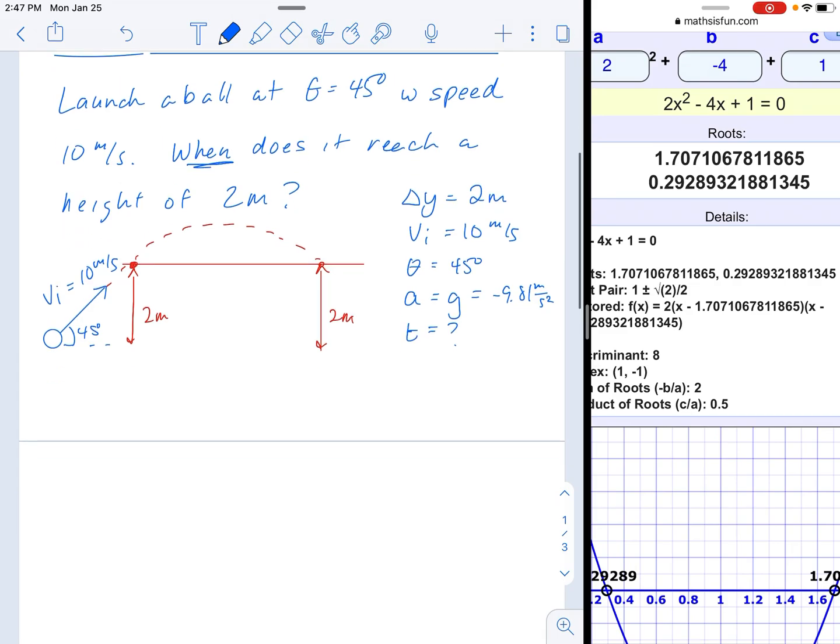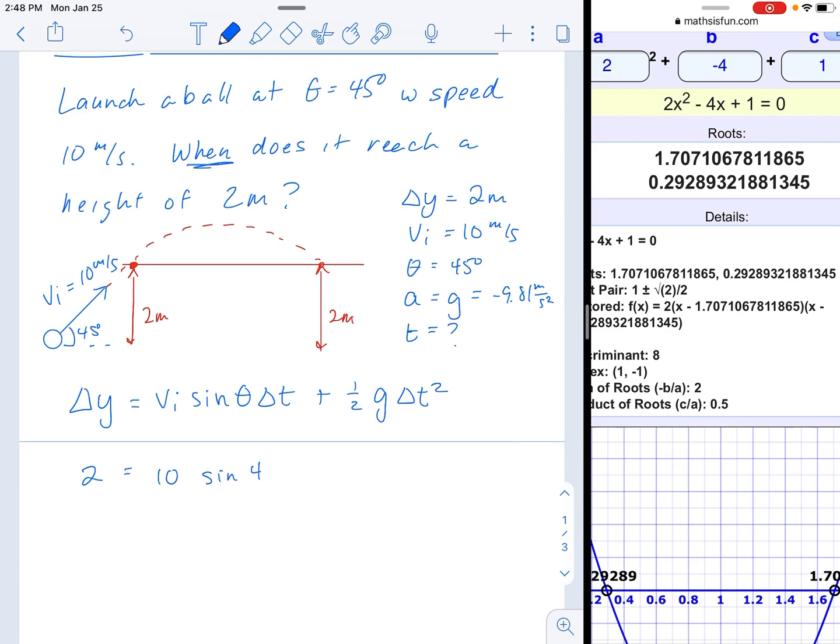Now, there's really just one equation that we're asking you to use for vertical motion of a projectile, and here it is. And I'm going to plug in the values that I know. So delta y is 2, vi is 10, sine 45, t, plus 1/2 times negative 9.81 times t squared. 10 times the sine of 45 is 7.07.